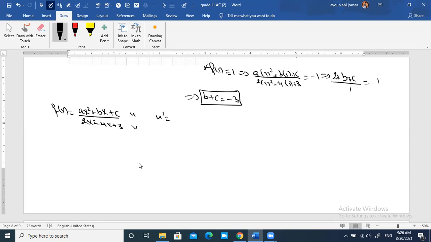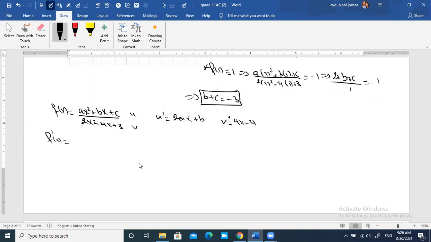u prime is 2ax plus b, the derivative of c is 0, and v prime is 4x minus 4. Then f prime of x is u prime v minus u v prime over v squared.